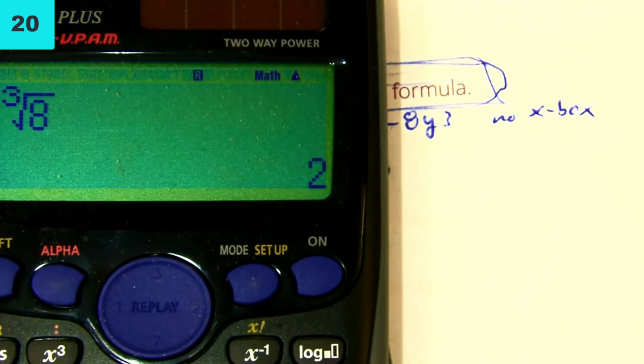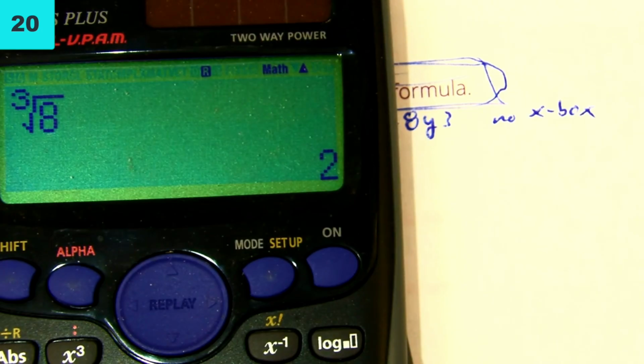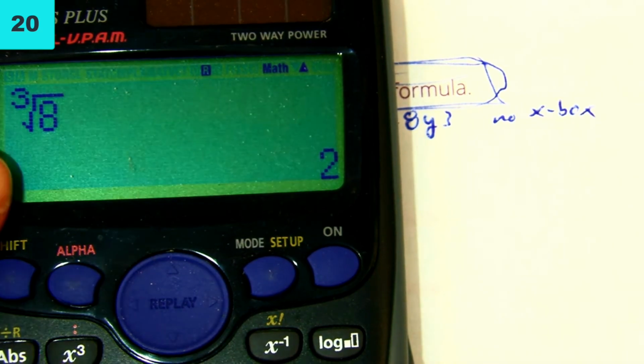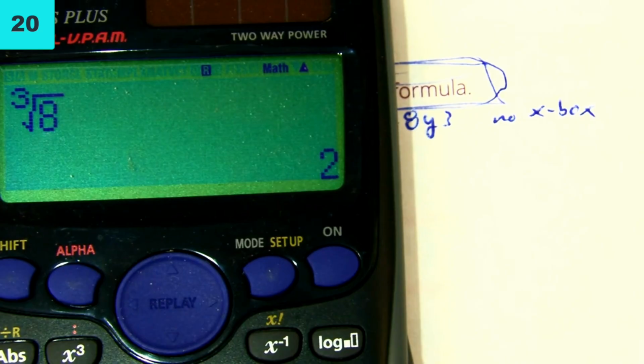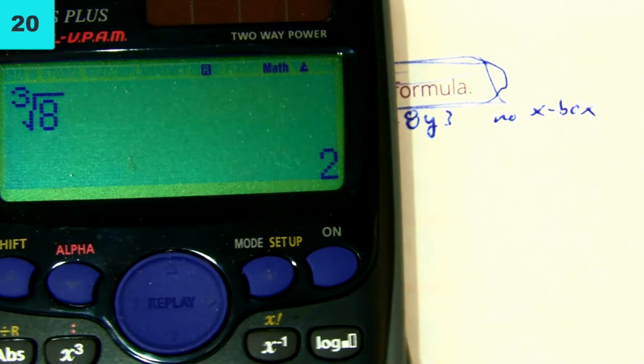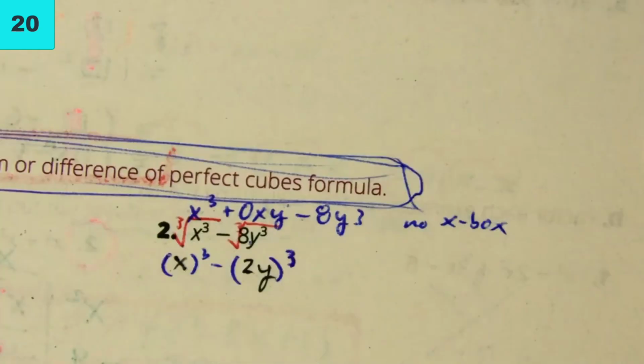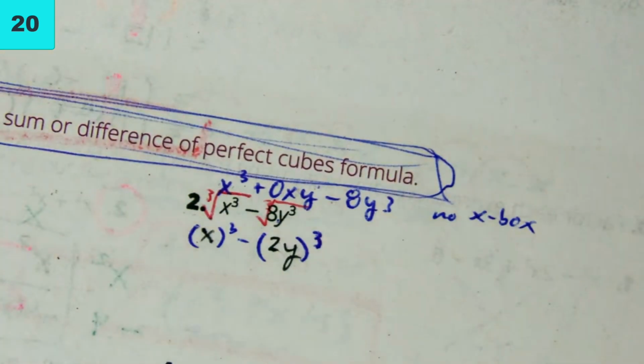And then you get an answer of 2. If you have a Texas Instrument, you have the cube root of an x. You have to press the 3 first, then the cube root has a little x in it, and then you would type in your number. Alright, so that's the first step, getting the cube root.